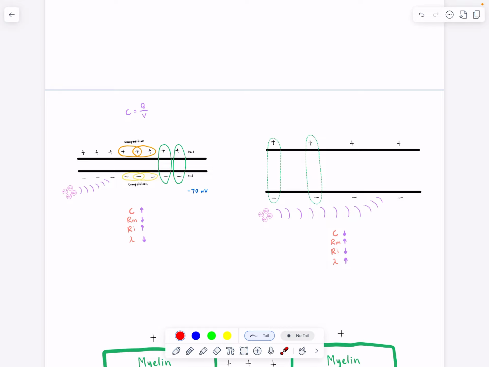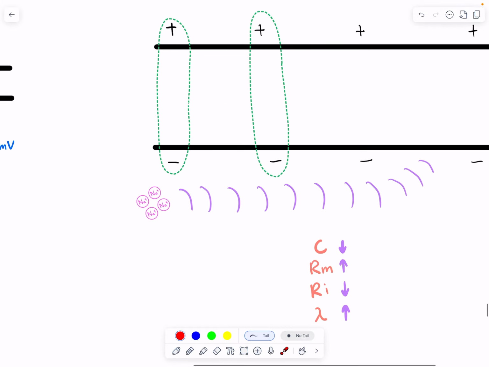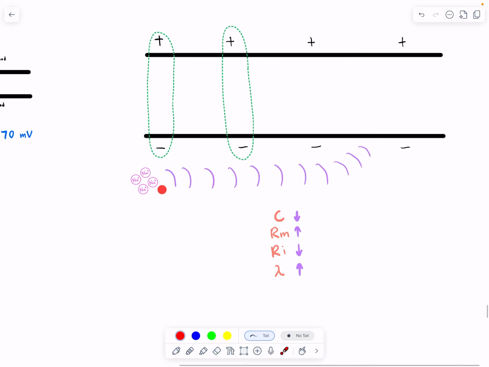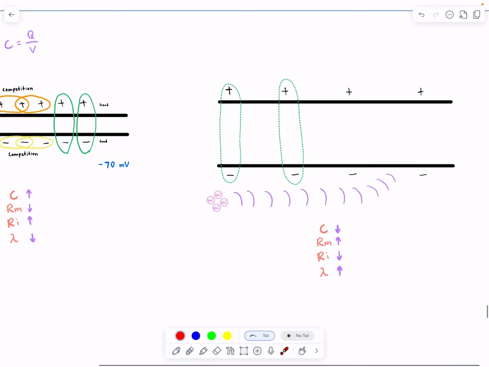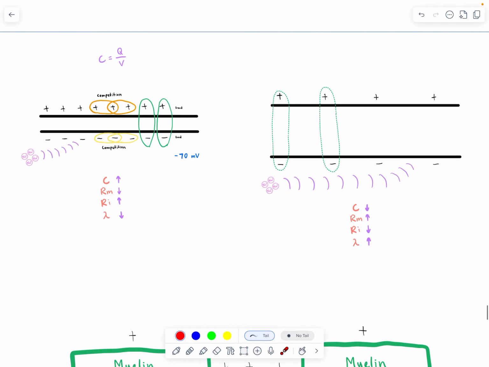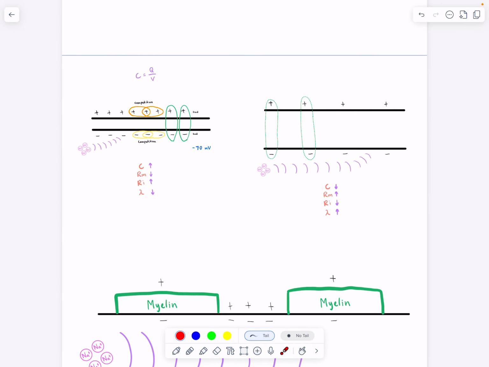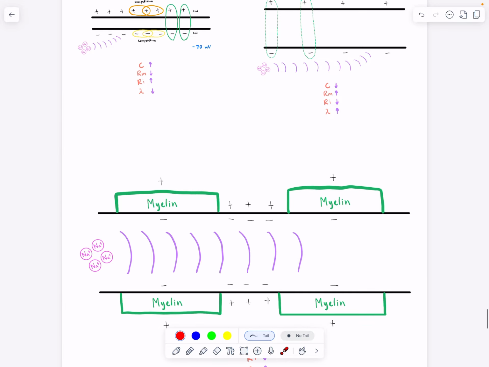This leads to less internal resistance, which allows the signal to travel further. Again, length constant is how far it travels, so we have a greater length constant here. This is what squids do. They can increase the size of their neurons and make the membrane resistance bigger and the internal resistance lower. However, we're not squids and we can't have big neurons, so we need something else.